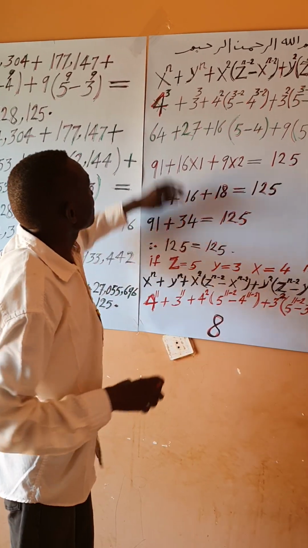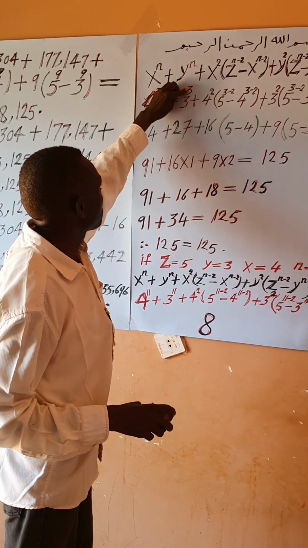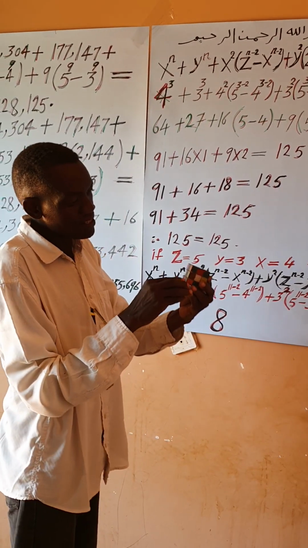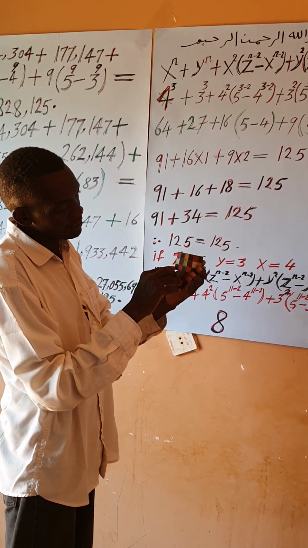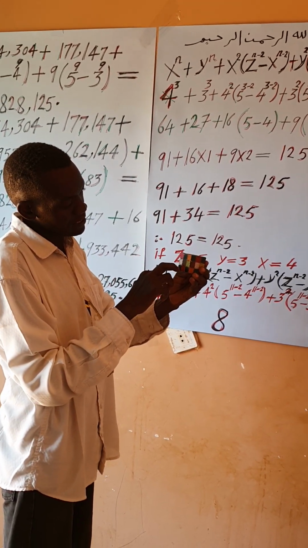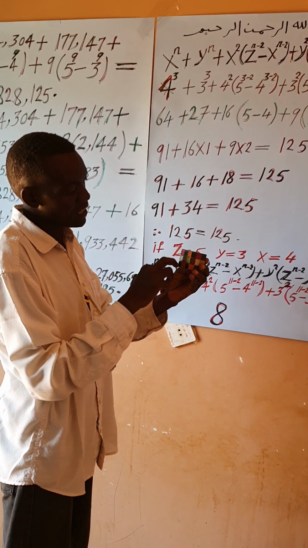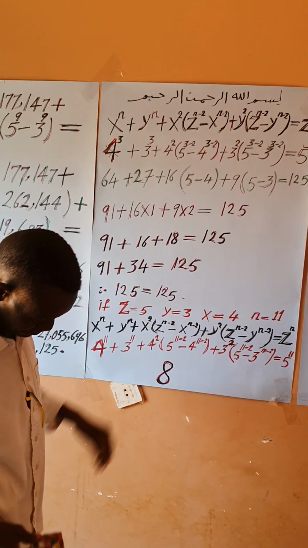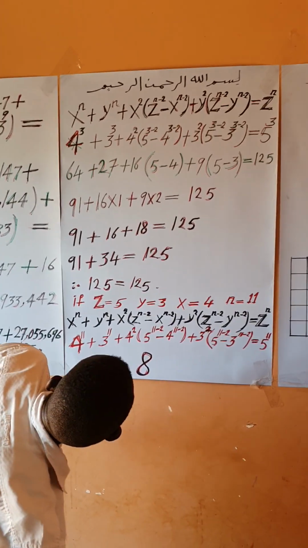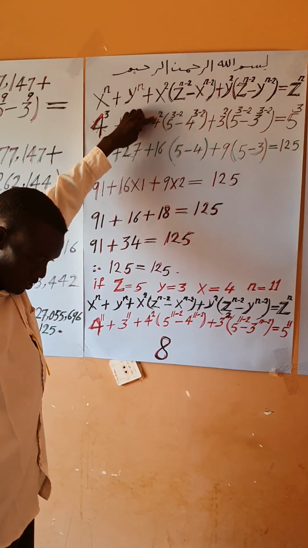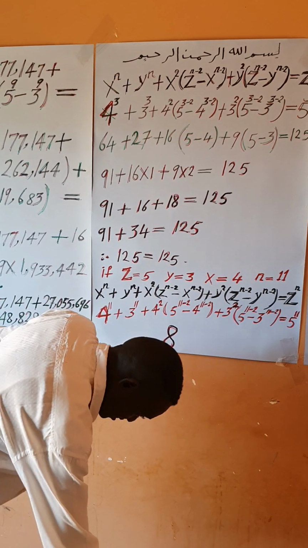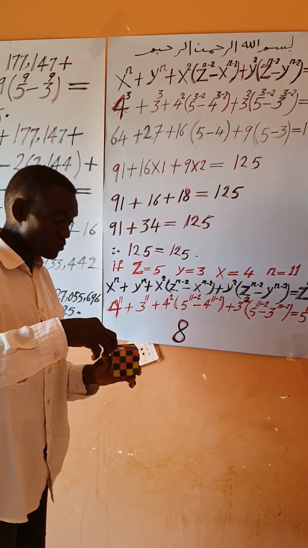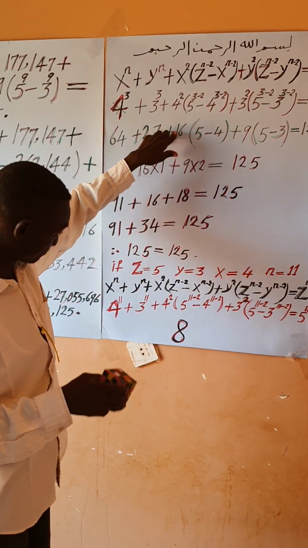And 3 cubed, this 3 times this 3 times 3 times 3 equals 27. 4 squared means this: 4 times 4 equals 16.